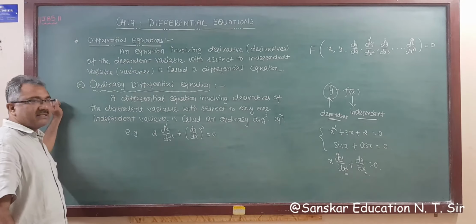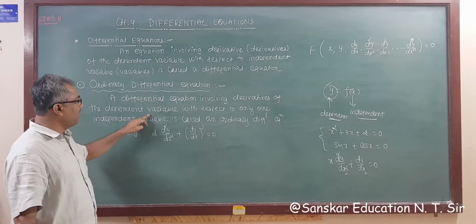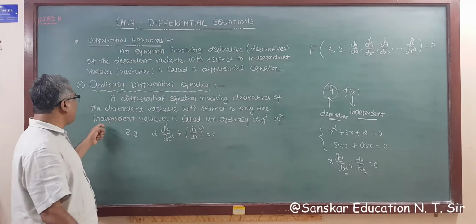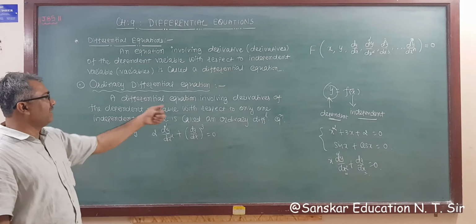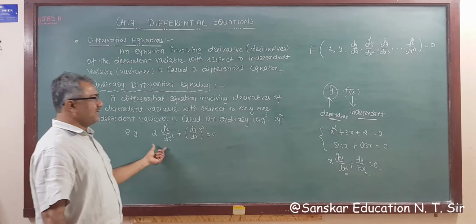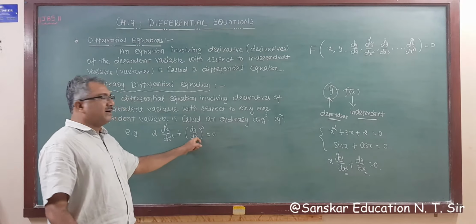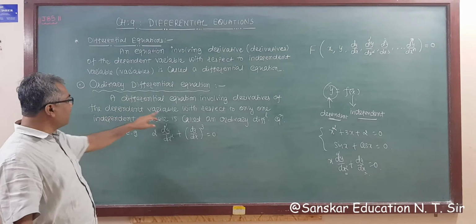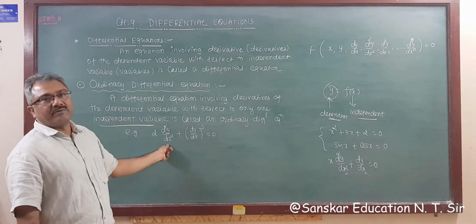Now, ordinary differential equation. A differential equation involving derivatives of the dependent variable with respect to only one independent variable is called an ordinary differential equation. So this is an ordinary differential equation because only one independent variable is there, which is x.